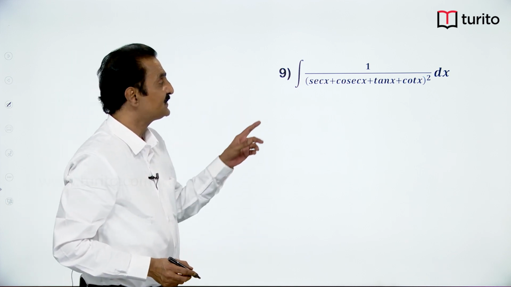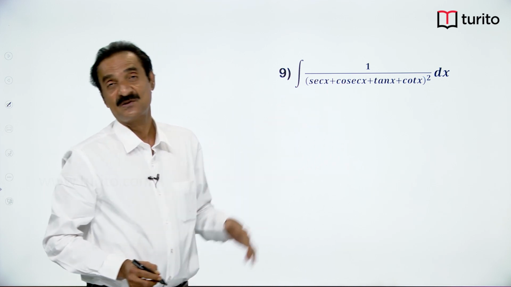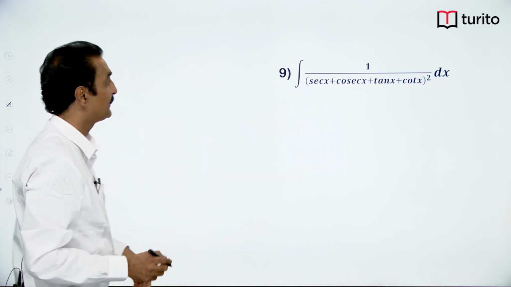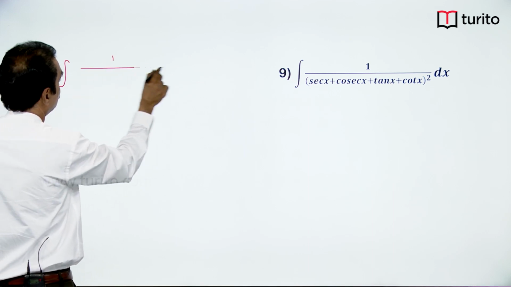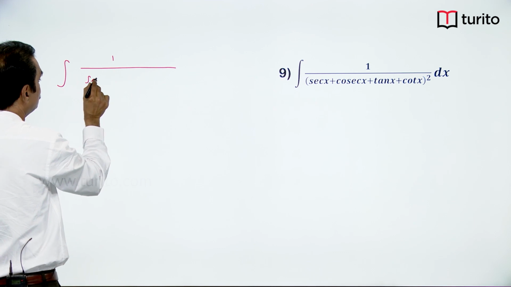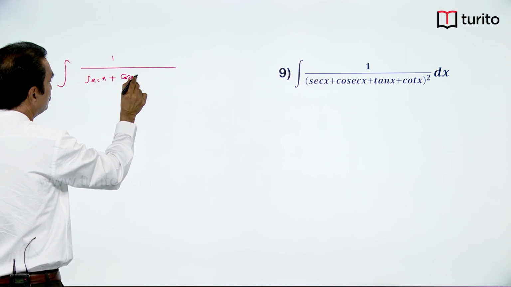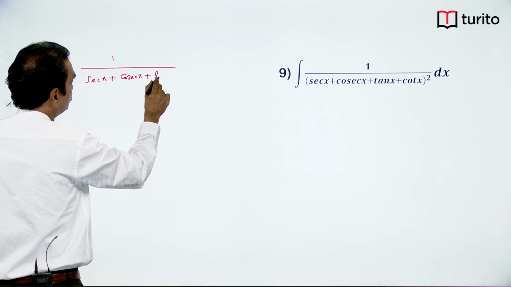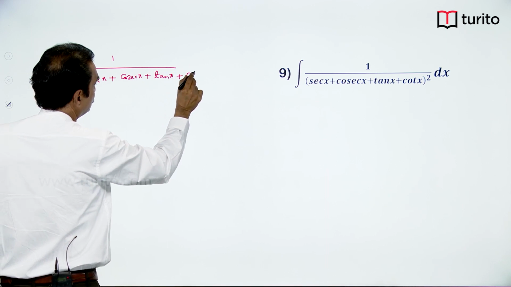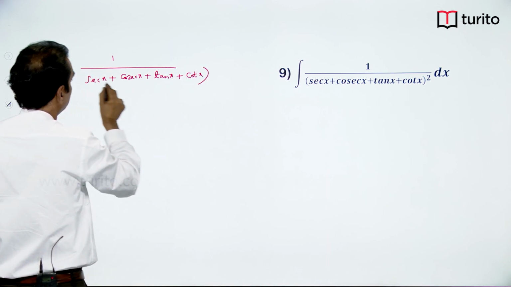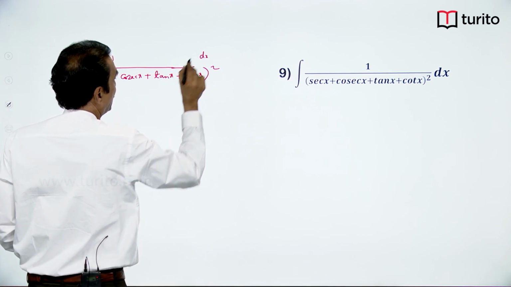Integral 1 upon secant x plus cosecant x plus tan x plus cot x whole square dx.